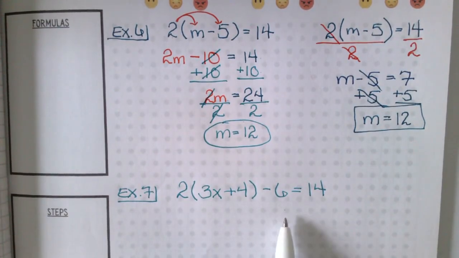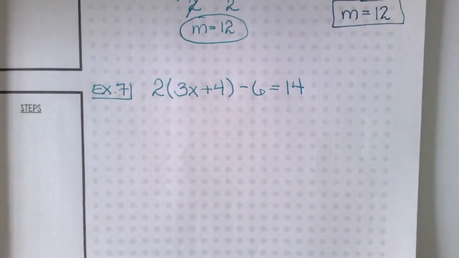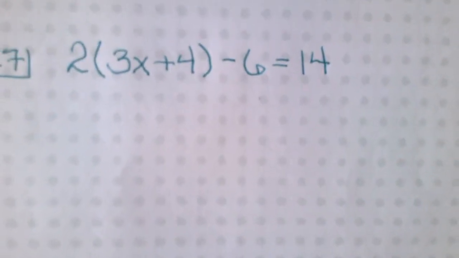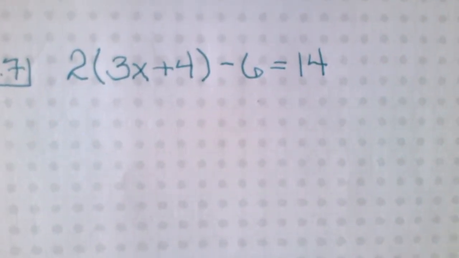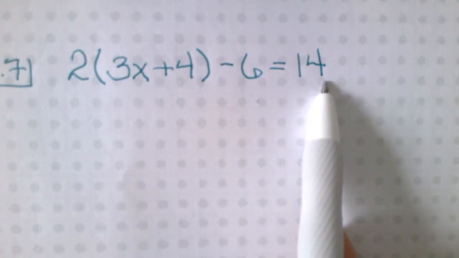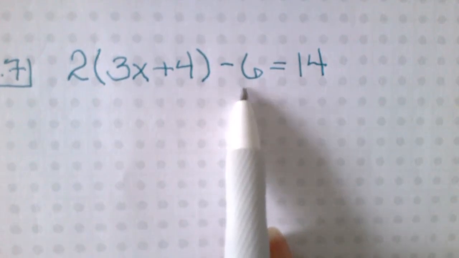All right, so you're trying to combine like terms. We can do this, but here's my thing. We can't just go right into that little shortcut that I showed you earlier. We can't go right into dividing the 2 on both sides. The reason why is we have this -6 that's in the way.